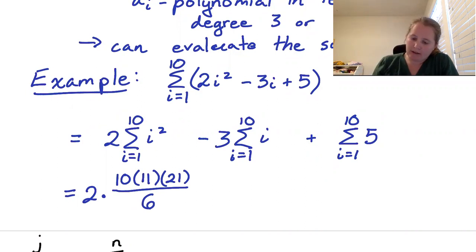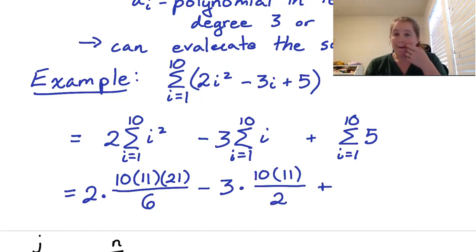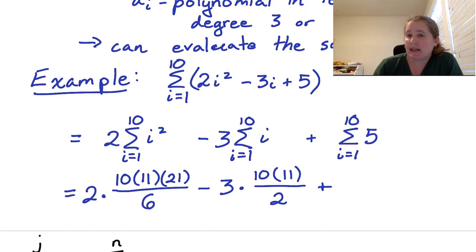Then we will subtract off 3 times the summation of i; the rule was n times n plus 1 divided by 2, so 10 times 11 divided by 2. And then the rule for summation of a constant, we just did n times the constant. So this last one would just be 10 times 5.